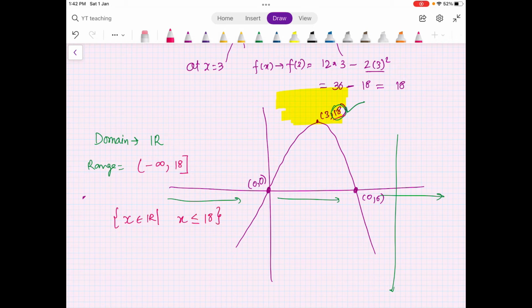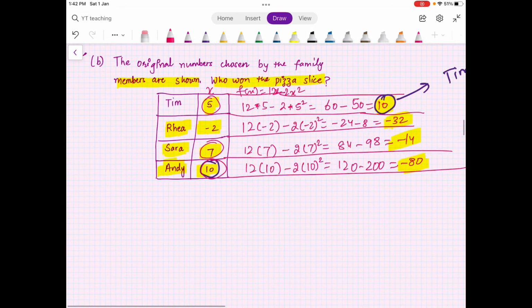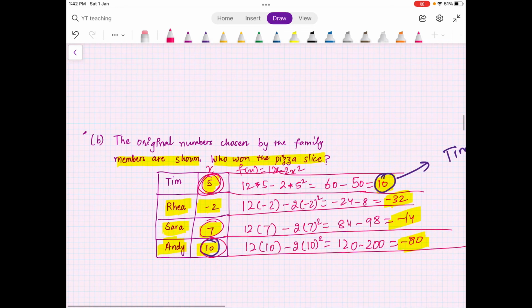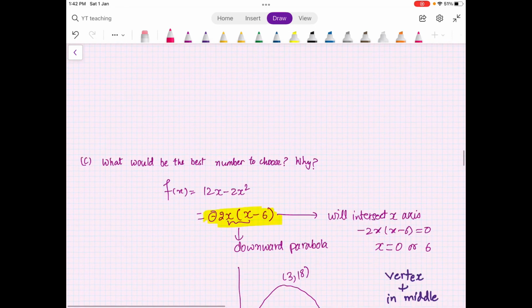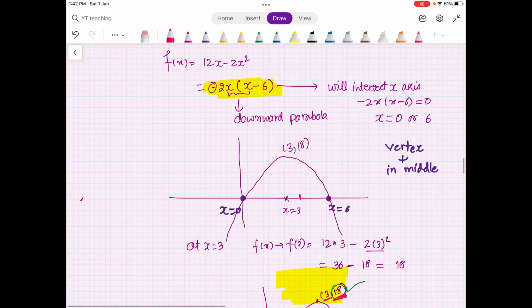So we know that the maximum value of the function is 18. So whosoever chooses the number 3 will get the last slice for sure. Now in this case we have seen that Tim has chosen the number 5, and Ria chose -2, it's somewhere here.